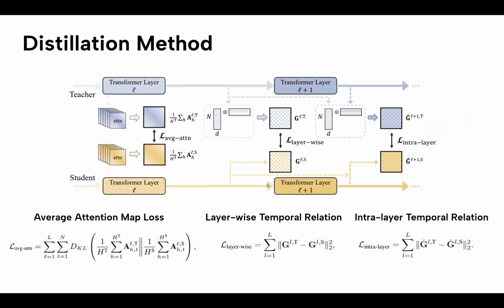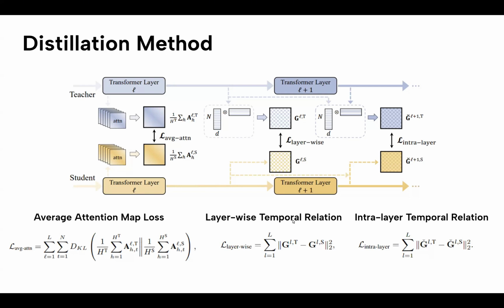To efficiently distill the teacher model, the baseline method first distills the attention maps. It averages the attention maps across all heads and computes the KL divergence between teacher and student. Then it computes the L2 divergence between the teacher and student models' temporal relation matrix of each layer's representation, which serves as the layer-wise temporal relation loss.